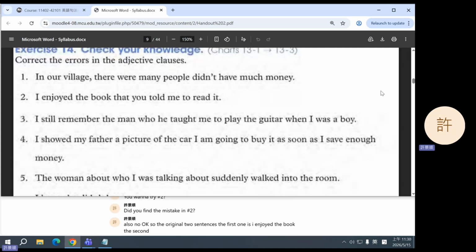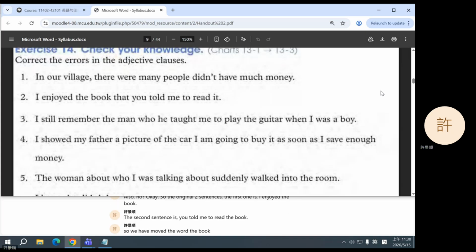The second sentence is, you told me to read the book. So we have moved the word "the book" from the end of sentence two to the middle, so turn it into "that." If we have moved the book from here to here, then we don't need this. This has already been moved, right? Okay, good. Thank you.